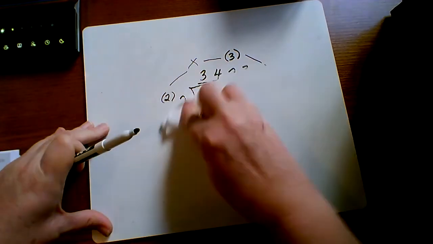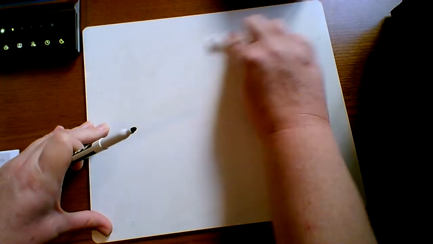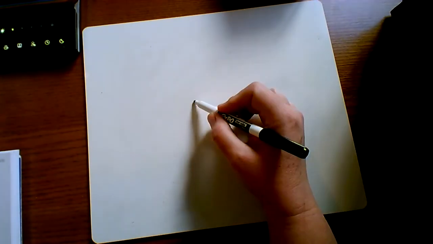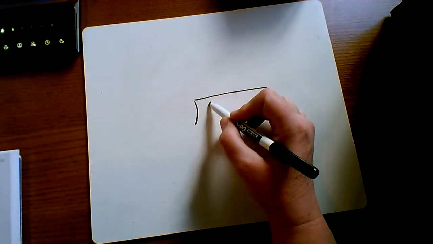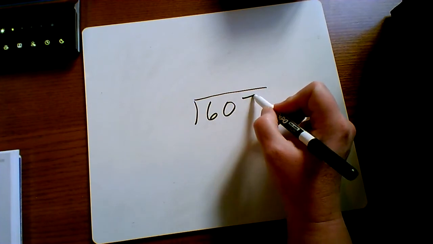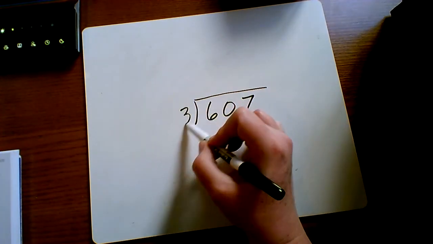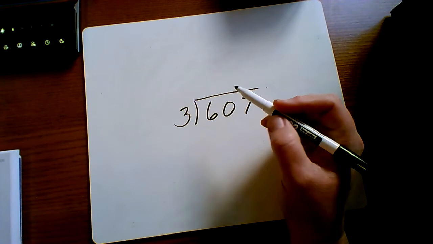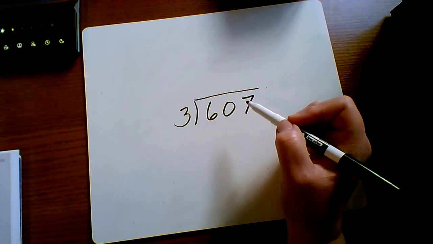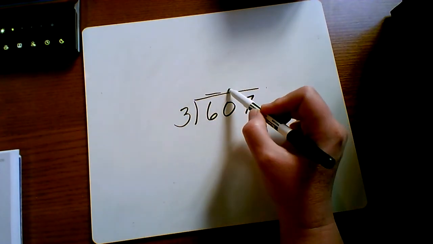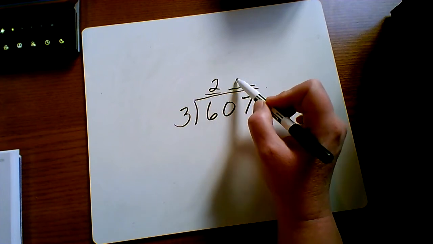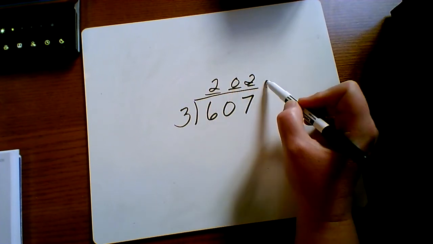So you might be wondering, how do we do check numbers with remainders? Let's go ahead and look at that. So here the problem says 607 divided by 3, and our answer was 202, remainder 1.